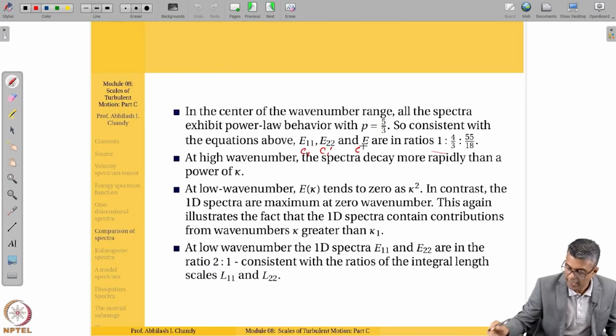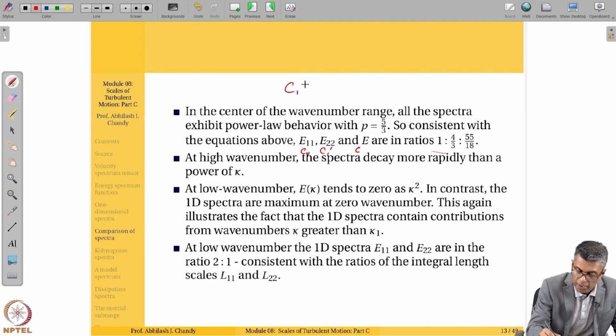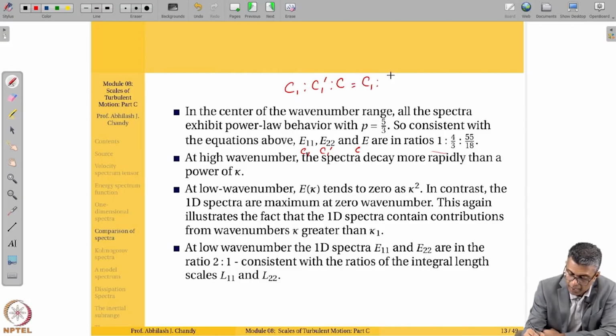So everything is in terms of C1. What is C1 dash? It is half times 1 plus P times C1, and C is half times C1 times P plus 2.